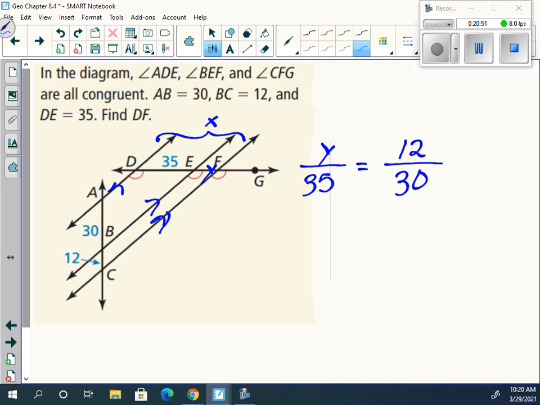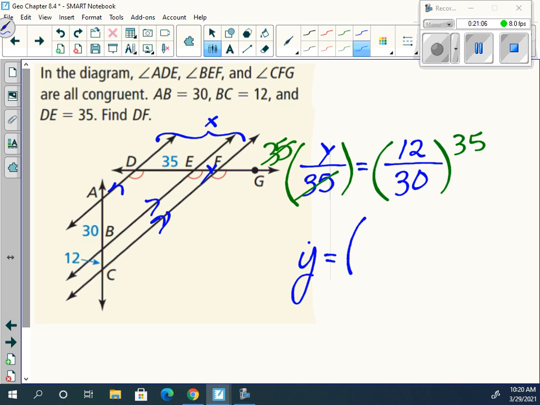At this point here, we want to get y by itself. Since it's being divided by 35, we would multiply it by 35. So when we multiply both sides by 35, this 35 and that 35 would cancel, leaving us with y by itself is equal to 12 divided by 30 times 35.